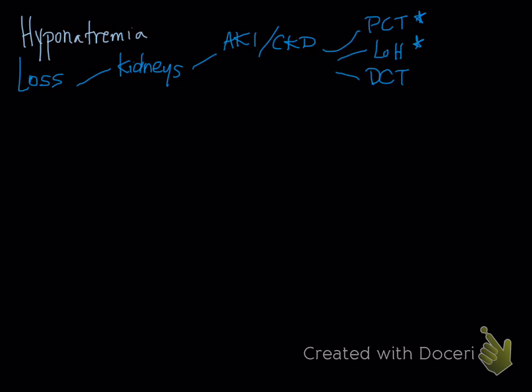And of course, lack of aldosterone will result in loss of sodium and chloride at the distal convoluted tubule, due to Addison's disease, for example. Depending on where the damage is, acute kidney disease can affect all of these, and chronic kidney disease can affect all of these. Addison's is the only one that only affects the distal convoluted tubule.